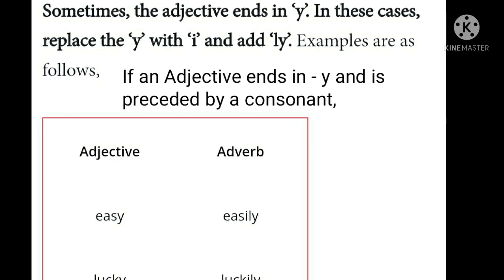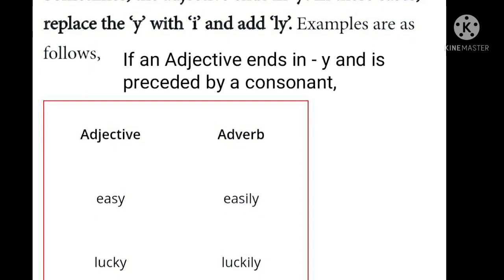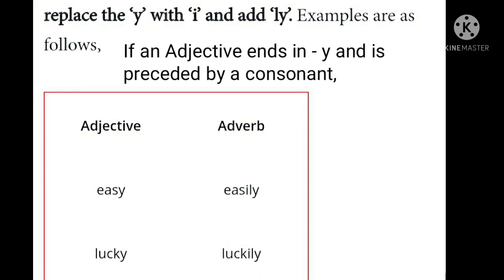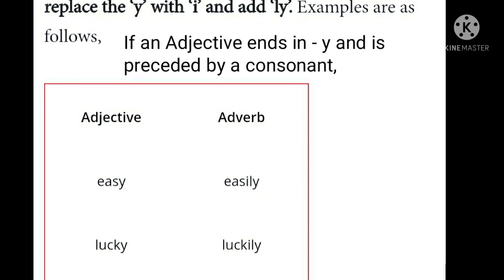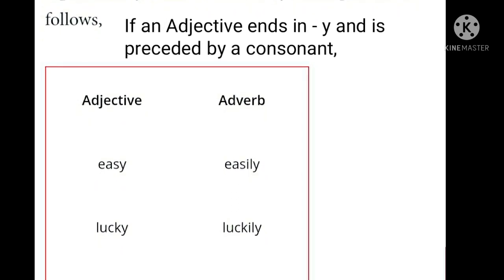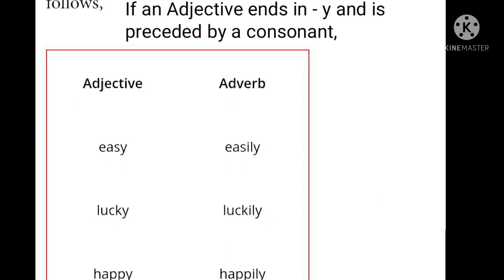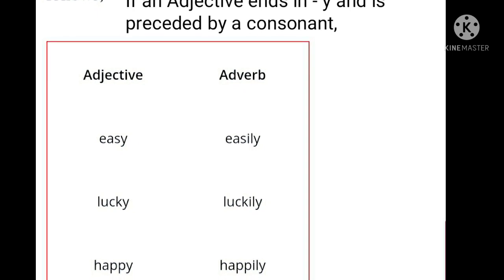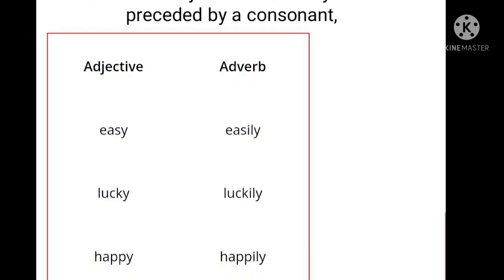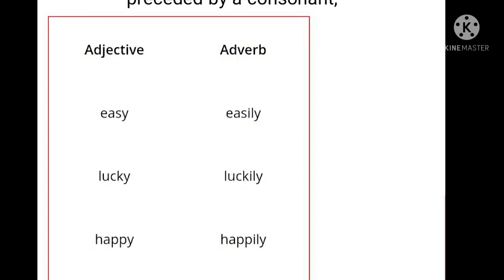The next rule is, sometimes the adjective ends in y. In these cases, you replace the y with i and add ly. In other words, you replace the consonant y with i and then ly. The examples are easy: when you replace y, it becomes easily.